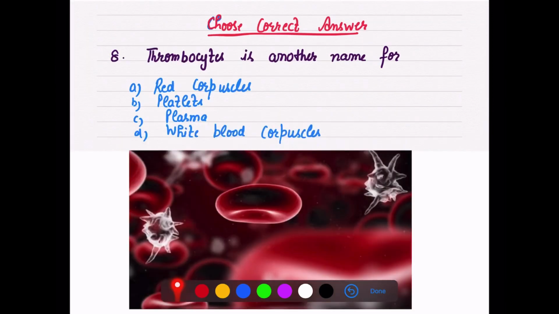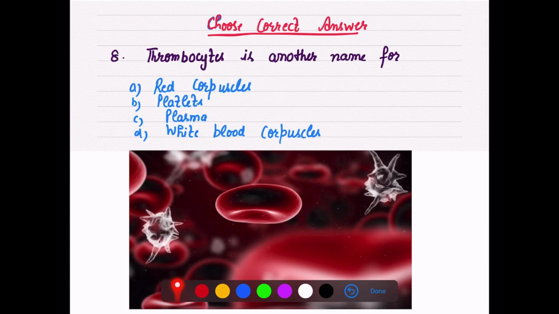Choose another correct answer from the given option. Thrombocytes is another name for dash. We have done this one. I will not give you a hint. Thrombocytes is another name for red corpuscles, platelets, plasma or white blood corpuscle?